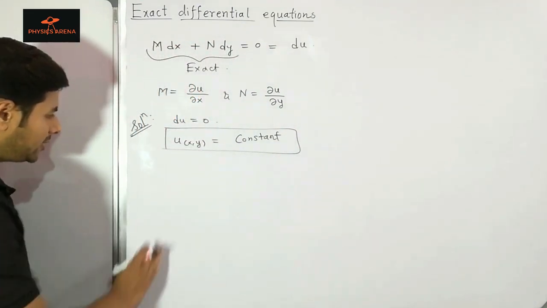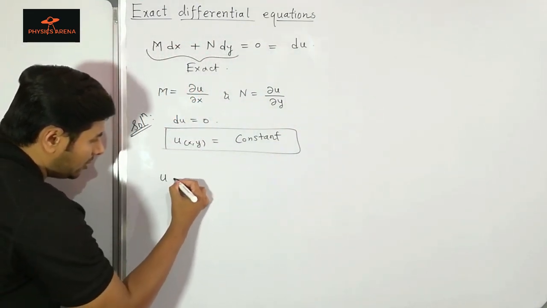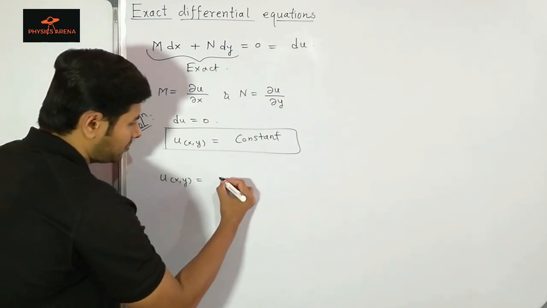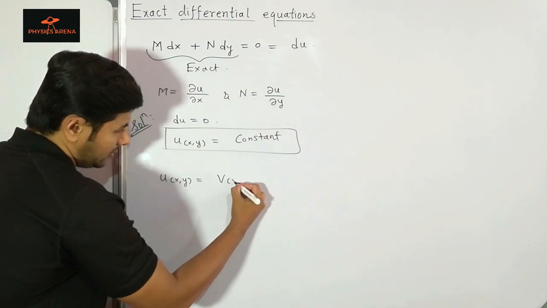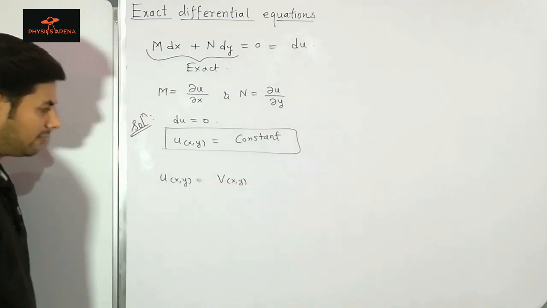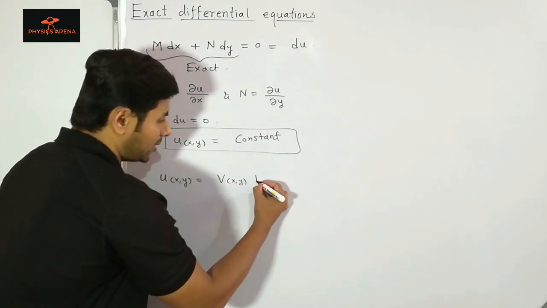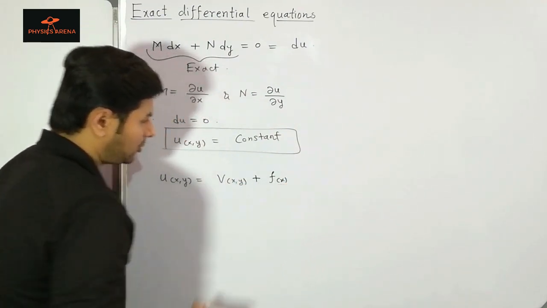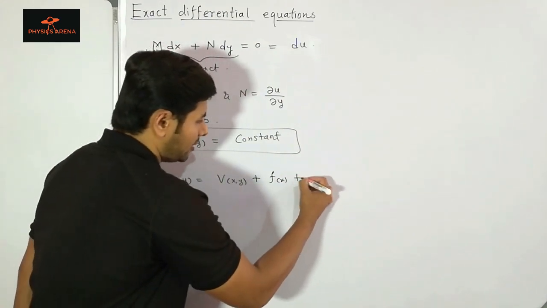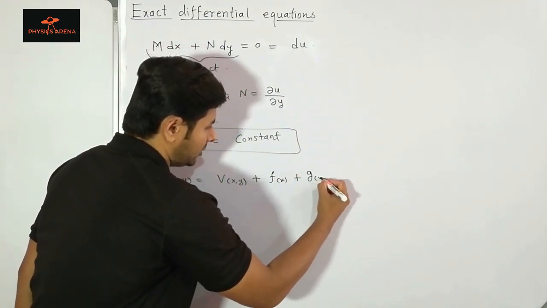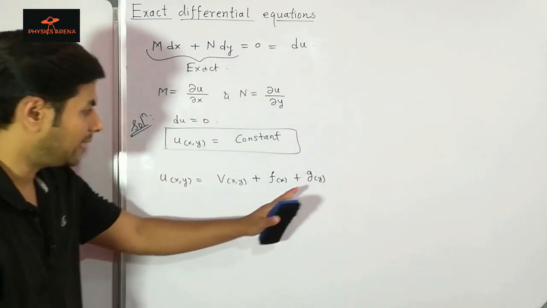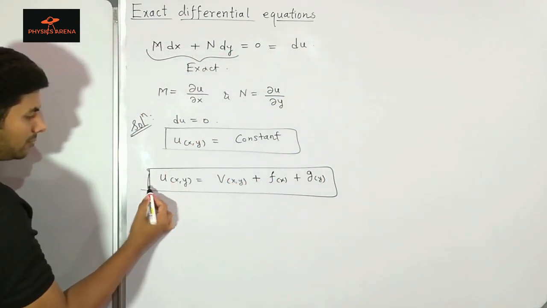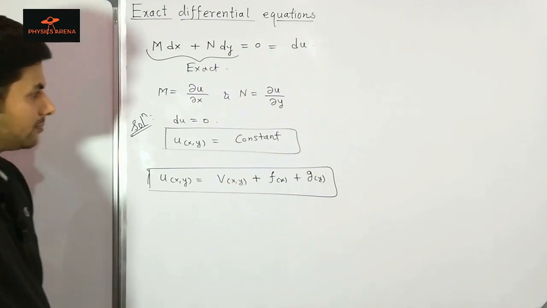So let us consider that u of x, y is equal to some v, which is also a function of x and y, plus f, which is a function of x only, plus g, which is a function of y only. Okay, so let's consider this general form for u.